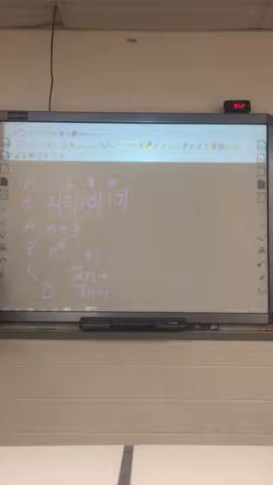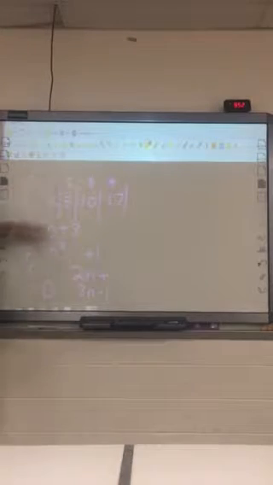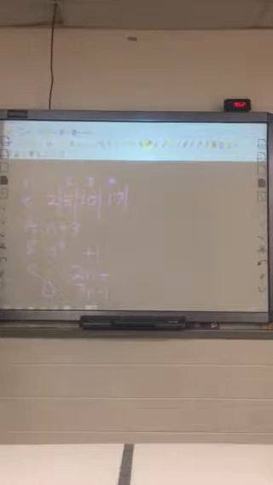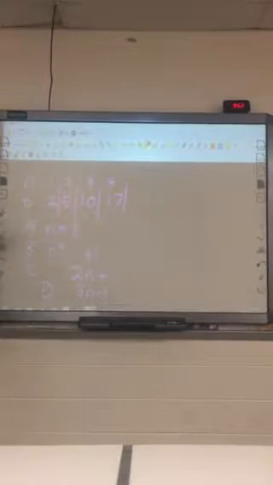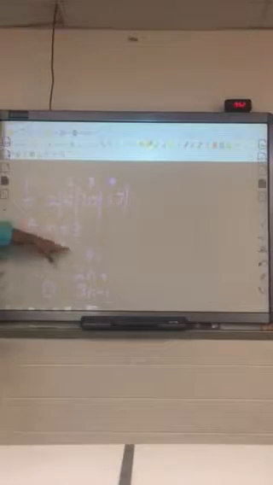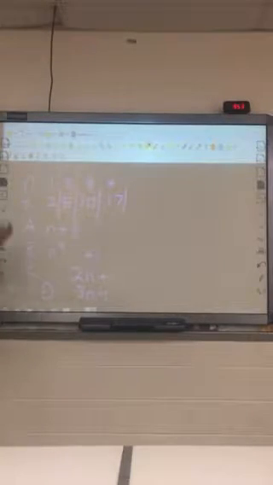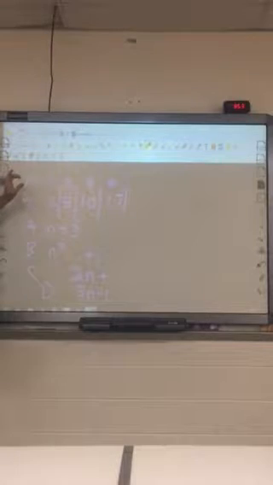All right, so plugging in the values of n to each of these, what's the only one that works? B. Because when I take 1 here, 1 squared plus 1 is 2. A and C do not work even with the first term.